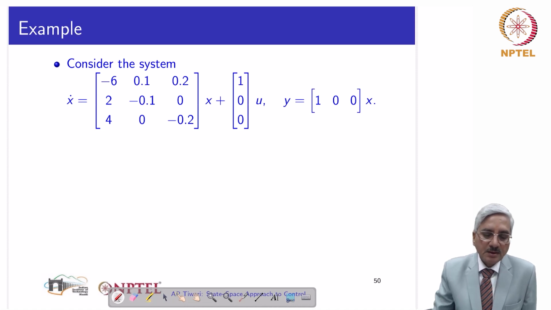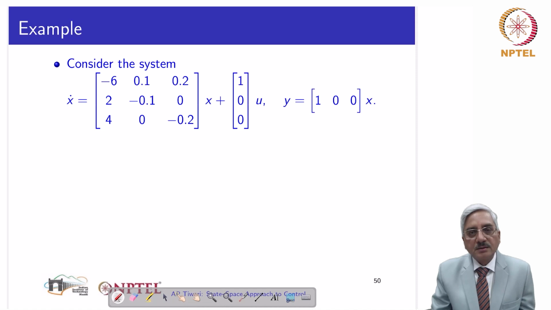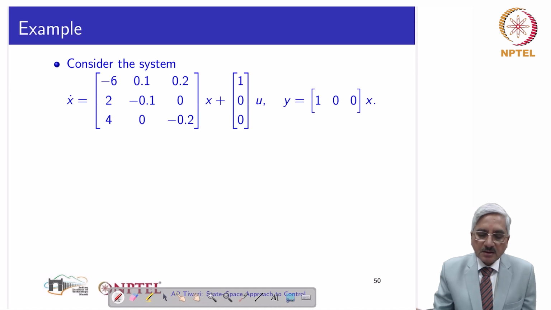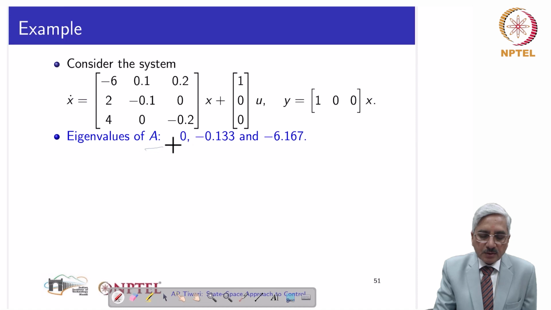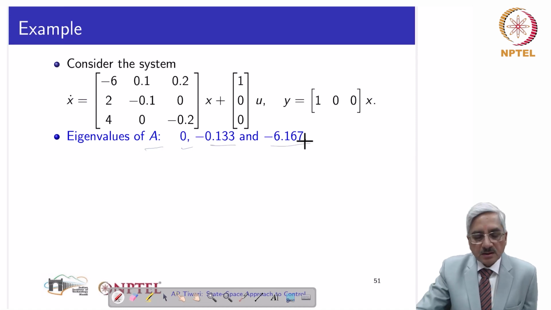This is the system for which we had considered the design of a reduced order observer. We take that system. Its eigenvalues are 0, minus 0.133 and minus 6.167. You can determine, see that you also get the same answer.